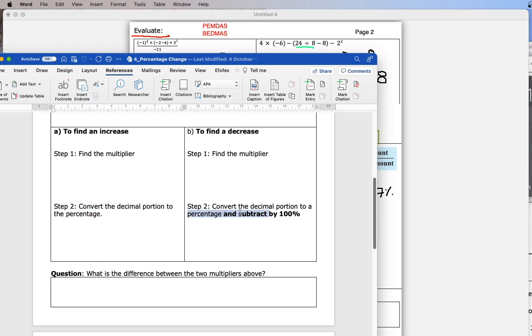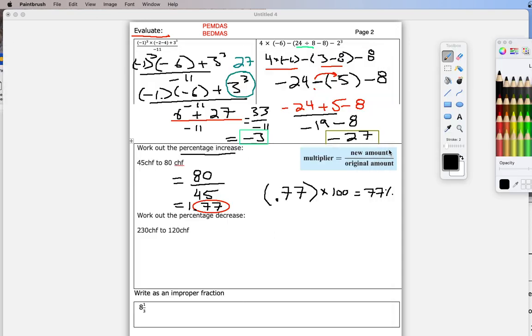But after, we're going to subtract 100%. So let's take a look at this here. So in this decrease, let's use the formula here. So it goes from 230 to 120. So 120 is our new amount. So if we take our new amount, we go 120 divided by our original amount, which is 230.